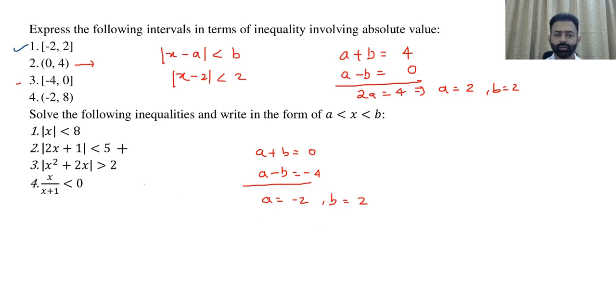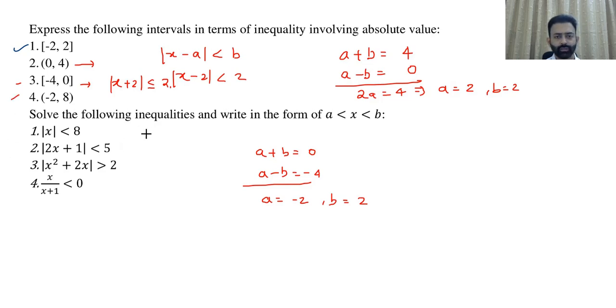So this is represented by mod of x plus 2, less than or equal to this time, because here 0 and 4 are included in the solution, so those endpoints in the inequality are included. So mod of x plus 2 is less than or equal to 2. Similarly, you can do the fourth one as your homework.